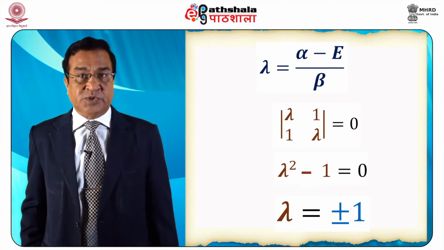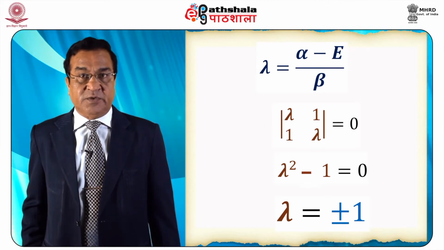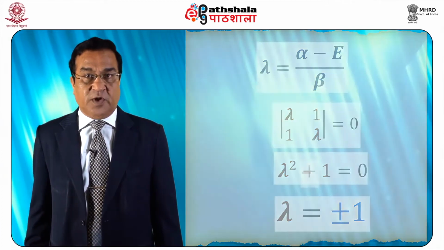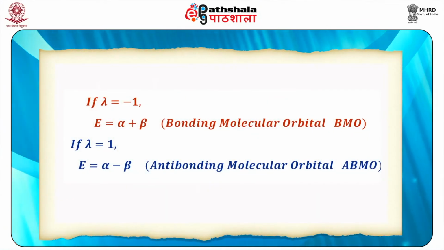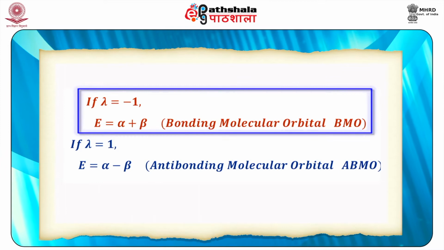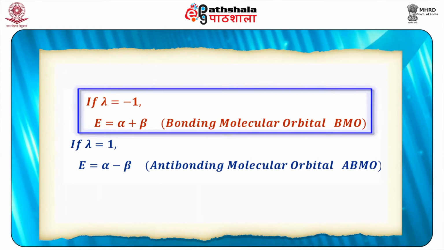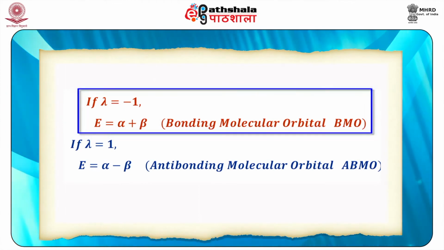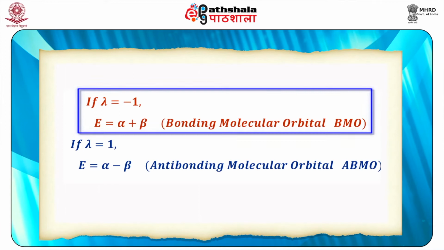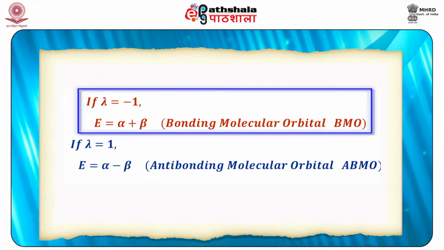If we substitute back into the main determinant, we get the following equation. So you can see here that if we substitute the value of lambda is equal to minus 1, and lambda was equal to alpha minus E upon beta, then we get the energy of the orbital, which becomes equal to alpha plus beta.